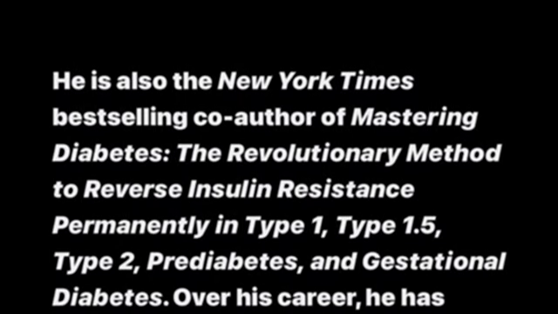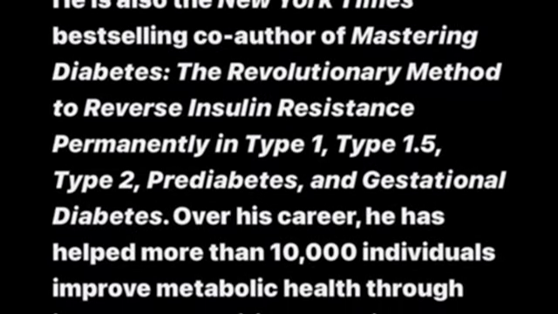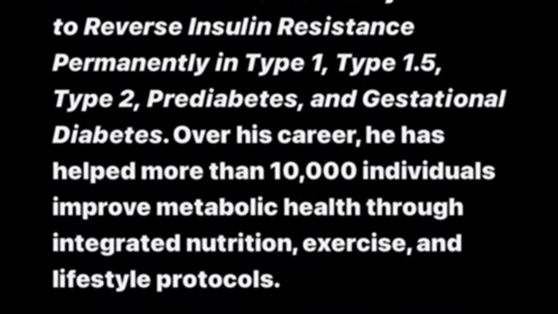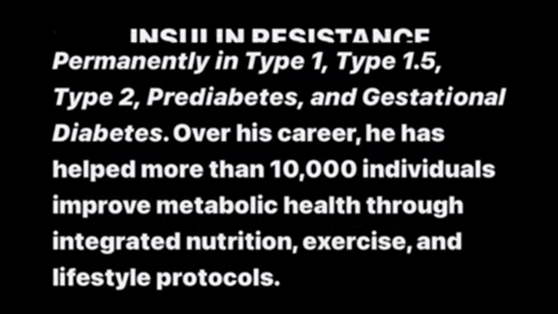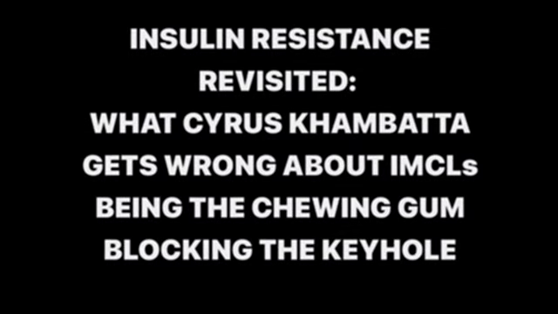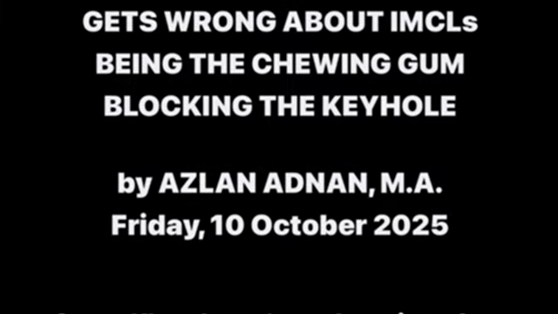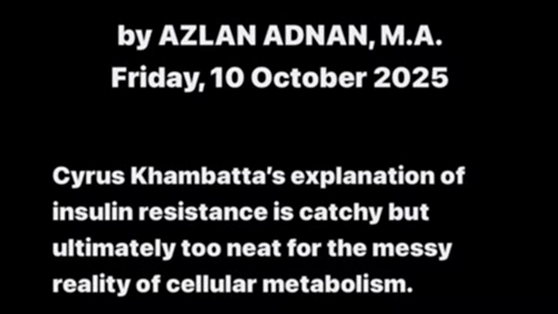The error he makes, or is slightly misleading, is that he presents intramyocellular lipids, which is a form of ectopic fat, as an antagonist that jams up the keyhole, preventing insulin from binding with the receptor site, meaning the key to unlock the keyhole. Well, the truth is a little bit more complex, nuanced, and complicated.